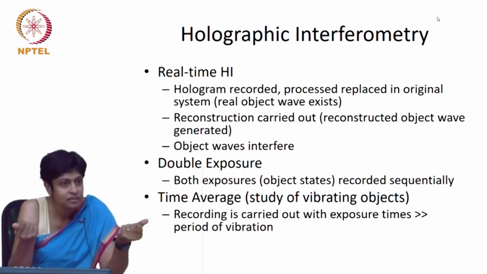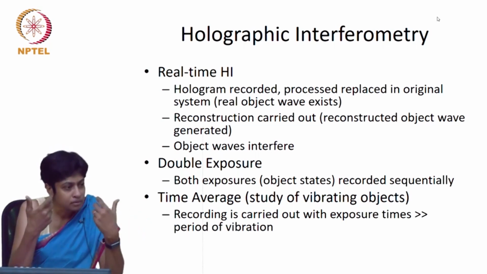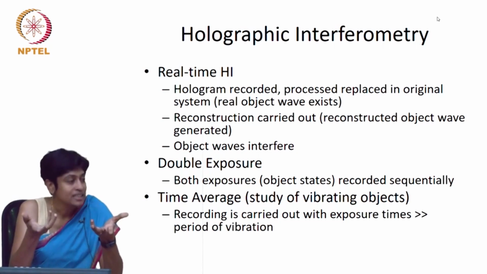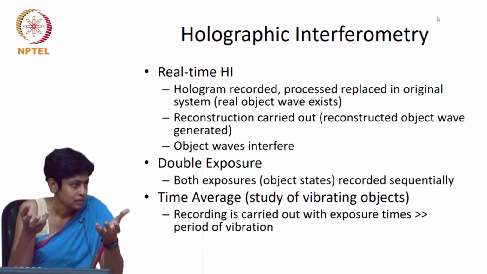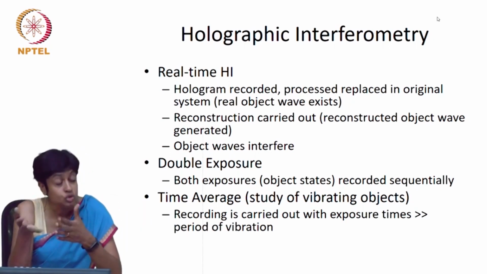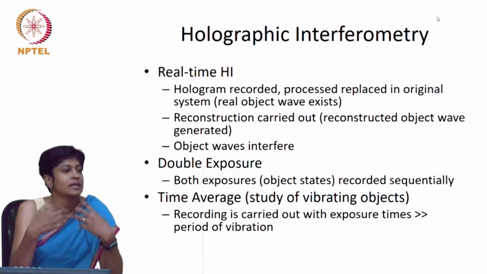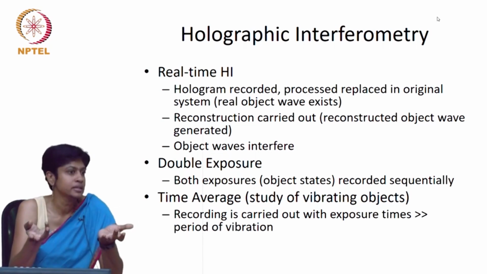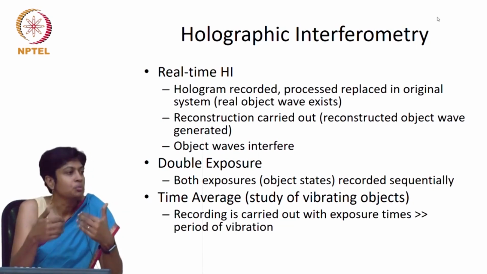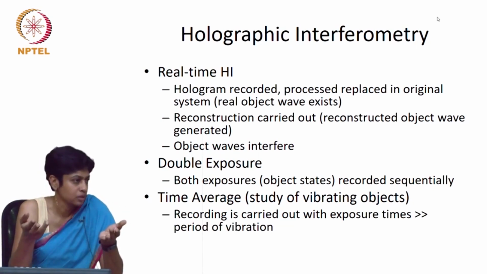You could be straining the object, heating it up, exciting it with a certain frequency. A variety of different techniques could be used, or rather, the object is experiencing these phenomena and you want to make some measurement of them.